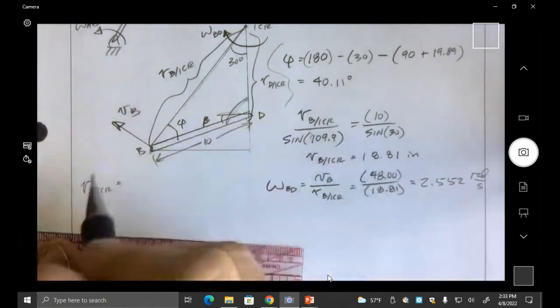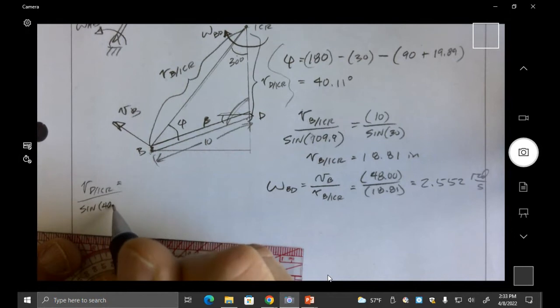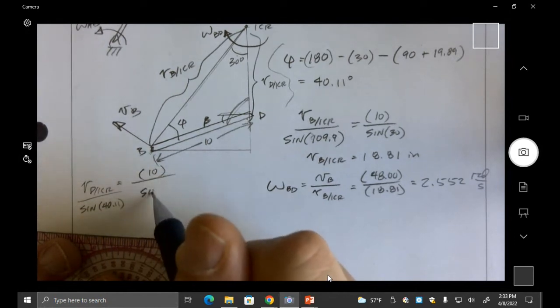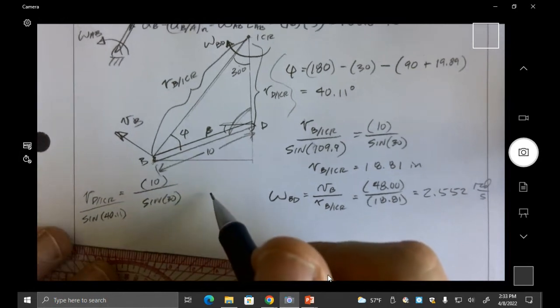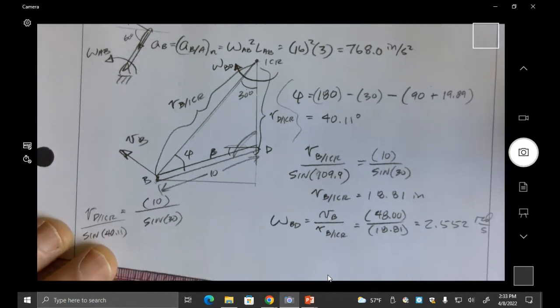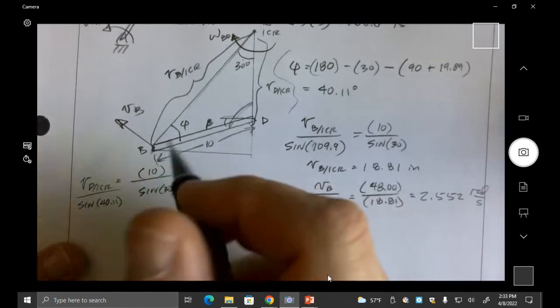How do we know that we don't need the velocity? Well, we need the angular velocities for acceleration. We don't need to know the actual velocity of D to be able to find it. So we could save ourselves a little bit, but it doesn't hurt to find it, right?